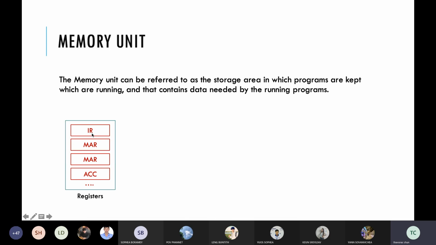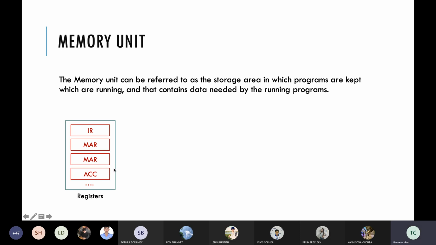We have MAR, which comes from memory address register. It is the register we use to store the address of the next instruction that we need to copy from RAM, and also maybe the address of the data that we need to transfer from RAM.